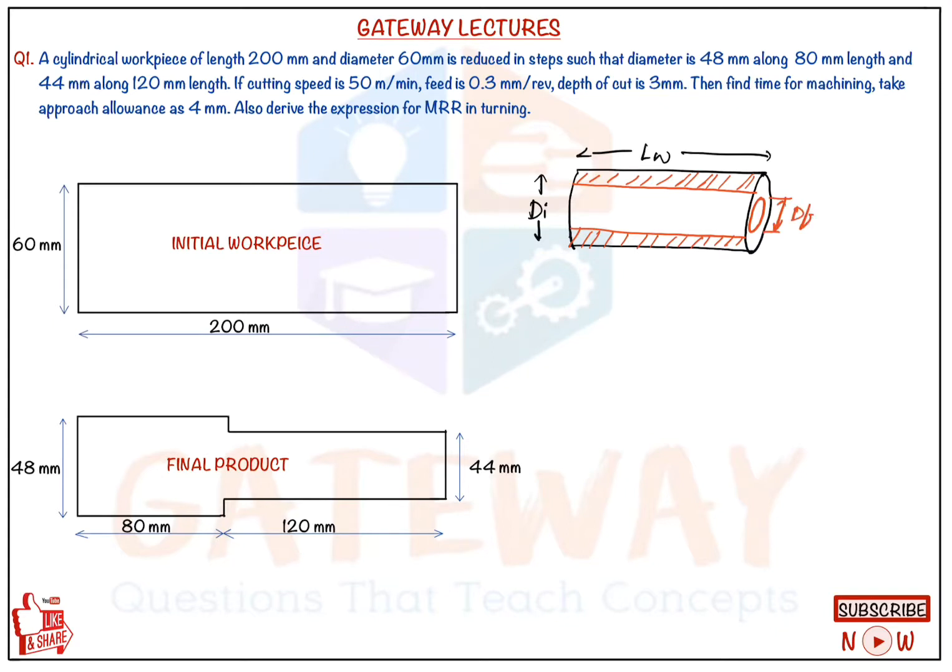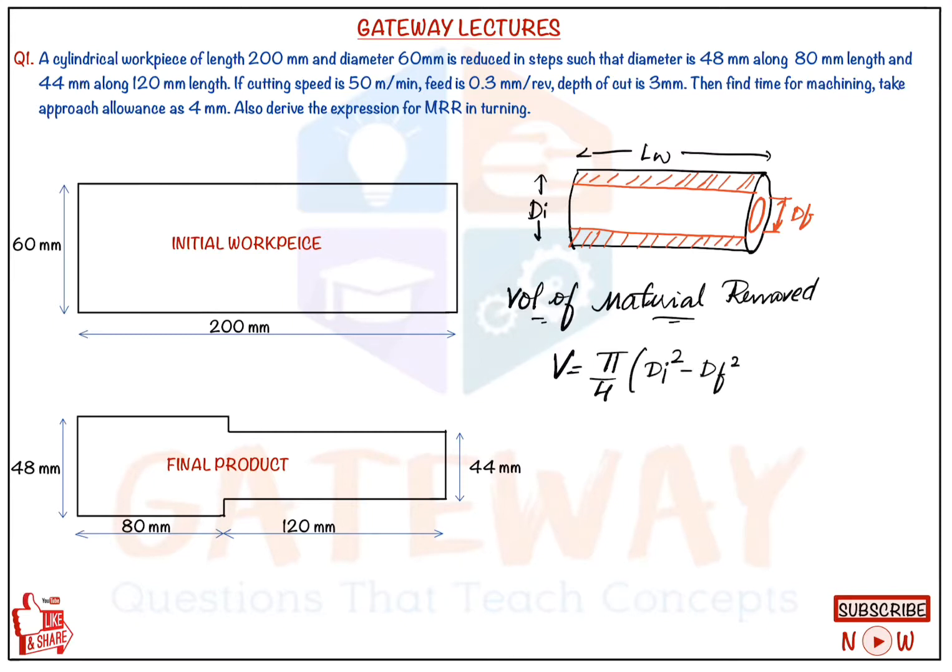So here, what is metal removal? Metal removal is nothing but volume of metal removal per unit time, whatever may be the time. So for that, we need to calculate the volume of material removed. Volume of material removed is nothing but, since this is a circular cylindrical workpiece, pi by 4 into D initial square minus D final square.